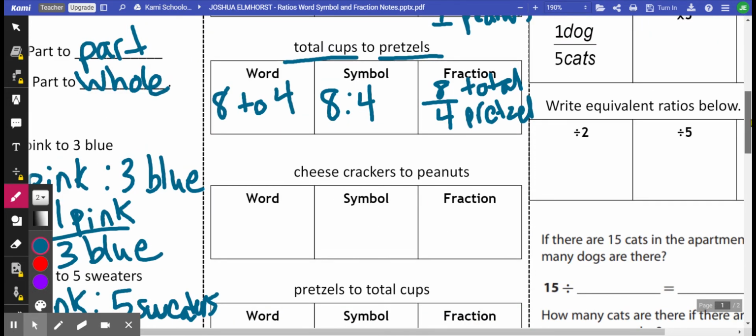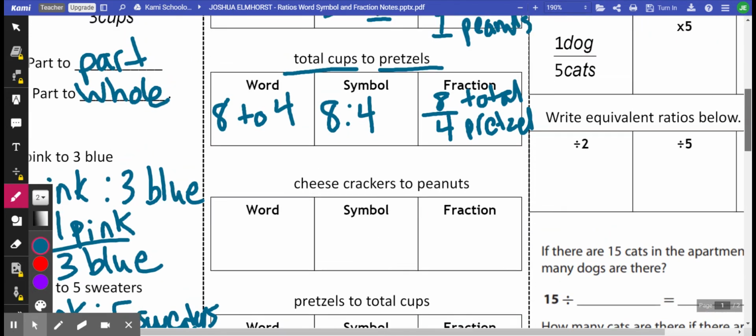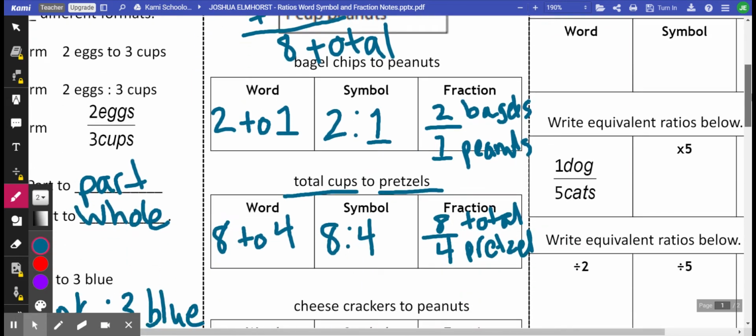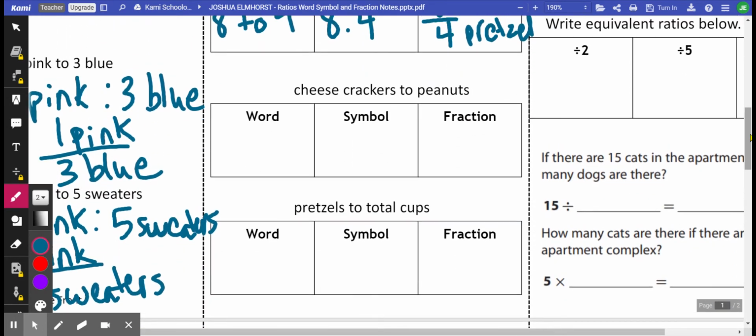Now the next example says cheese crackers to peanuts. Cheese crackers and peanuts are both parts. It's a part-to-part comparison. So cheese crackers is 1, peanuts is 1. So this is actually a 1-to-1 comparison. 1 to 1, 1 to 1, or 1 over 1. And pretzels to total cups.